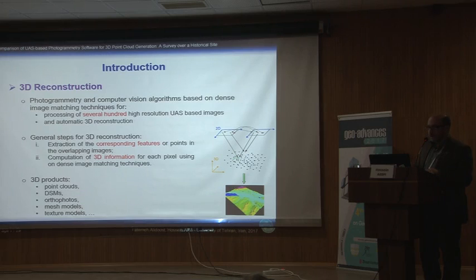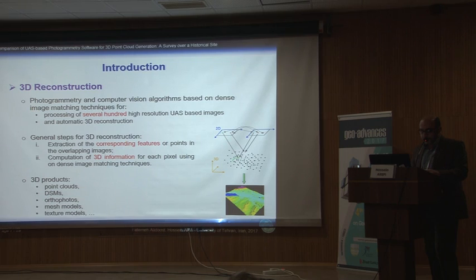In photogrammetry and in general in computer vision, the algorithm used is a process called image matching or dense image matching for processing several hundred high resolution UAS-based images, and therefore to finally provide automatic 3D reconstruction of the man-made or natural object.